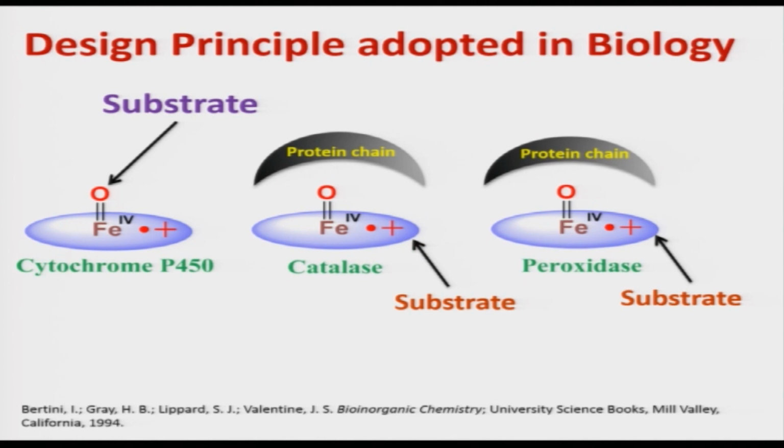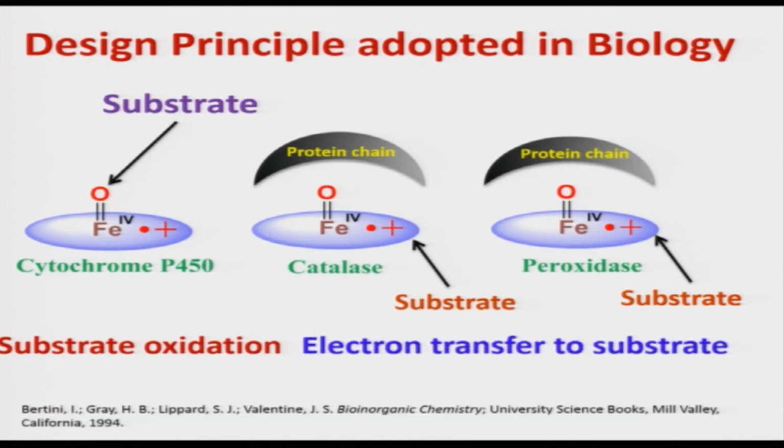You see that in cytochrome P450 the substrate can come close to this oxo, whereas in catalase and peroxidase the substrate can come close to the porphyrin pi-cation radical, and thereby it is responsible for substrate oxidation in cytochrome P450 and electron transfer to the substrate in catalase and peroxidase.